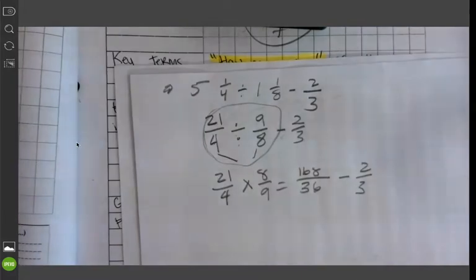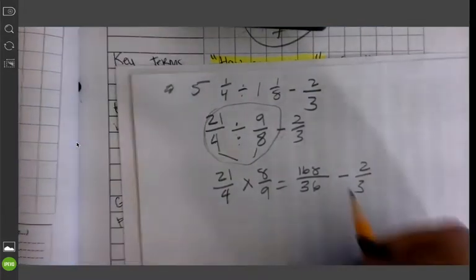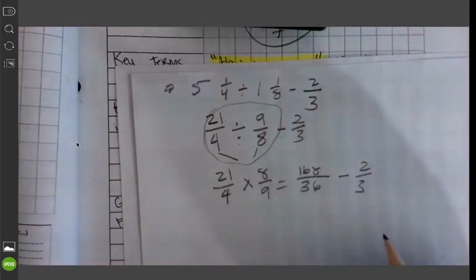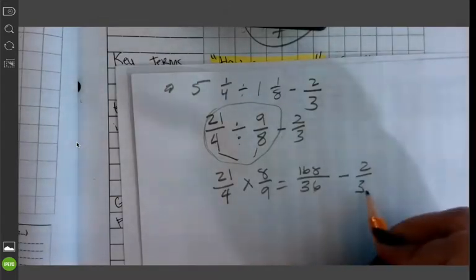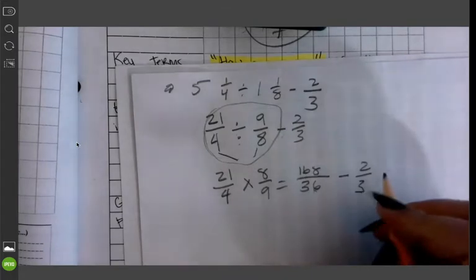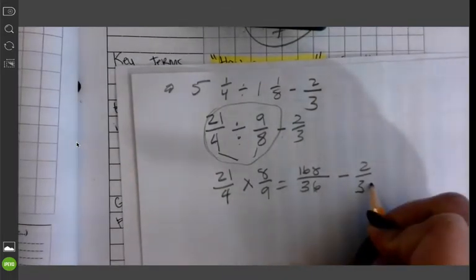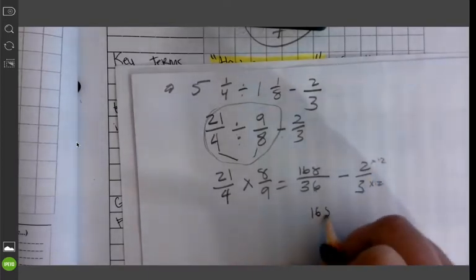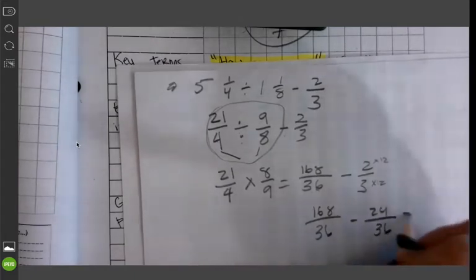The rule of adding and subtracting fractions is that they must have the same denominator. So I need to find a way to make 3 into 36 or 36 into 3. I know that 3 times 12 is 36. So I'm going to multiply this by 12, and I'm going to multiply this by 12. So now this is 168 over 36 minus 24 over 36.